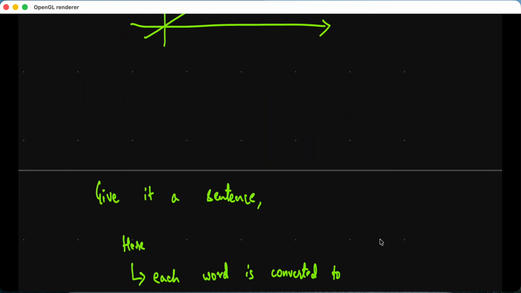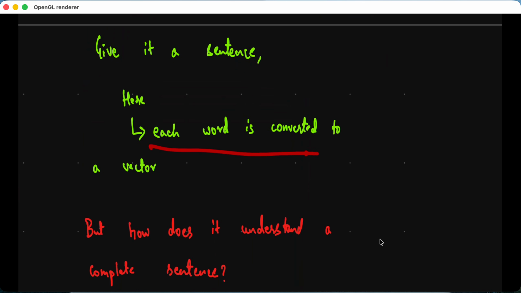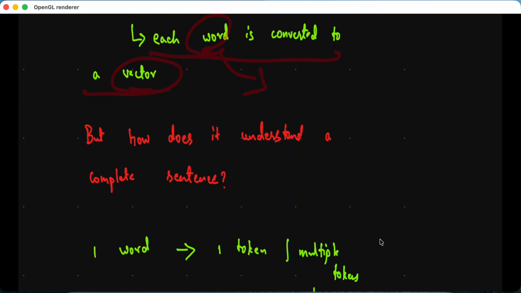So let's look at how it works if we give a sentence to an LLM. Here each word is converted to a token, and each token to a vector. But how does it understand the words?